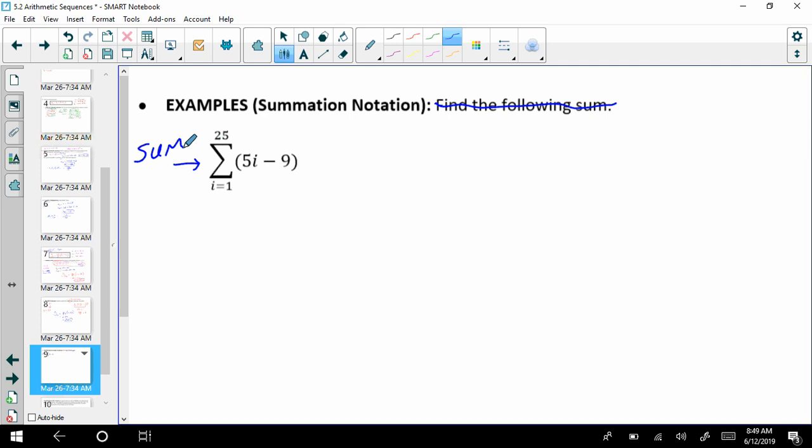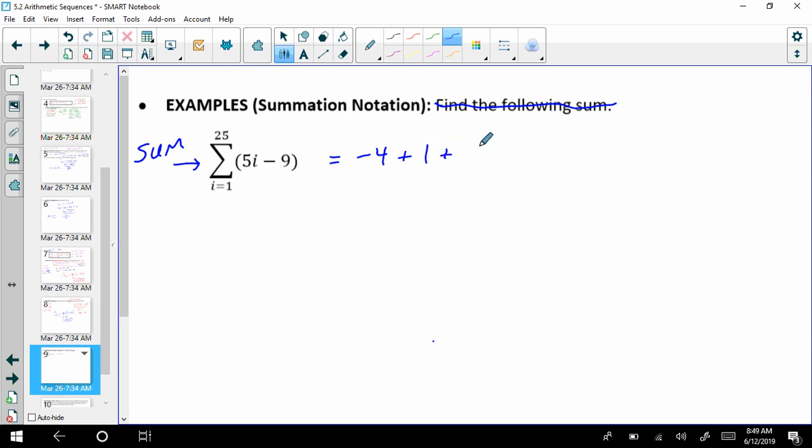Now last time what we did when we did this, we put in 1. So if I substitute 1 in for i, 5 times 1 is 5 minus 9, I'd get negative 4. Then we put 2 in. 5 times 2 is 10 minus 9, 1.